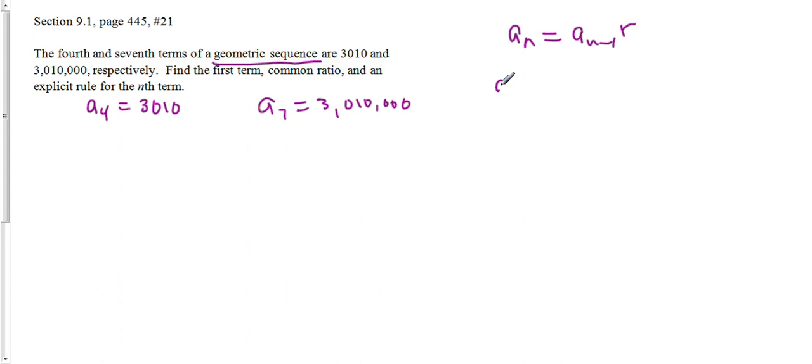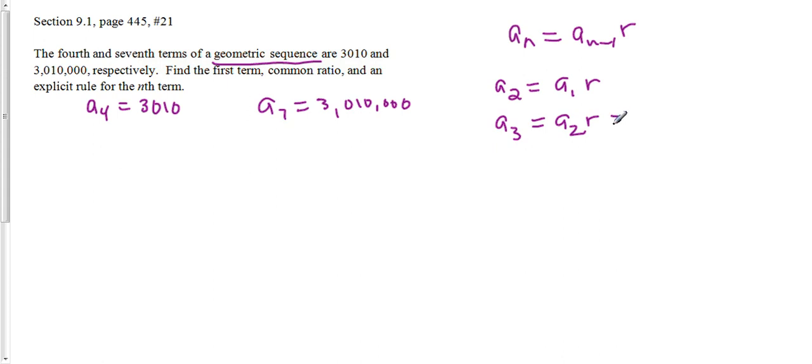What if we looked at the A2 term? That's going to be A1 times r. What about the A3 term? That's going to be A2 times r. So we can see why this is called the common ratio, because we multiply each successive term by r to get the next element in the sequence.